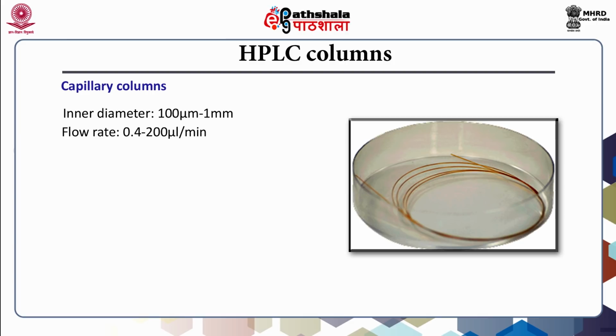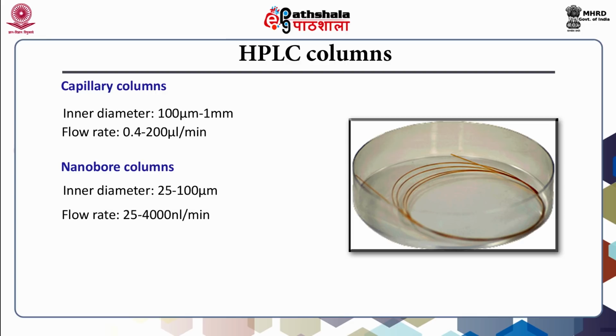and further thin columns are present, and those are called nanobore columns. The nanobore columns are thinner than the capillary columns, and the inner diameter of these nanobore columns is 25 to 100 micrometer, and the flow rate in these nanobore columns is 25 to 4000 nanoliters per minute.